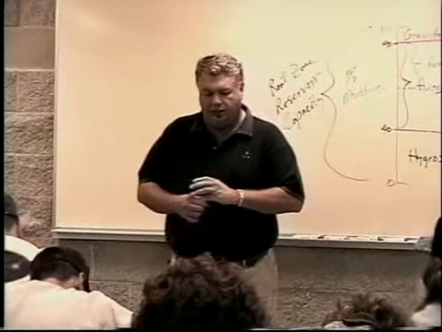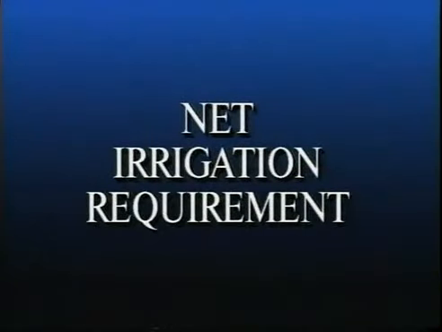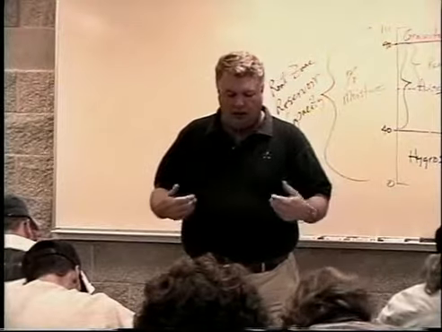Now the next would be, then we sum this all up for net irrigation requirement. The net irrigation requirement is going to be a summation of all of these things.